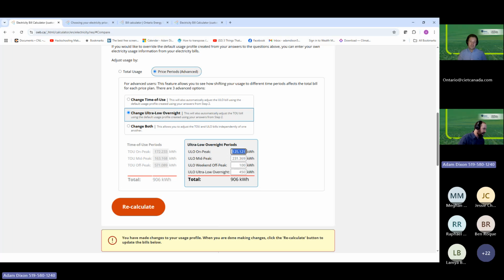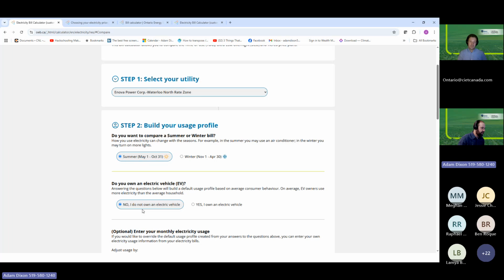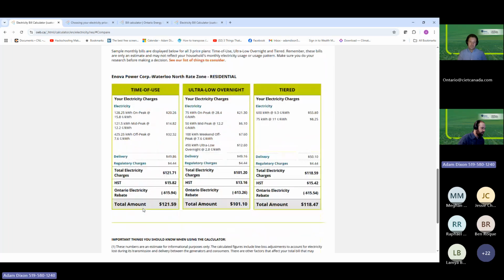So this is not going to match my 600, but I'm just going to simulate on peak, maybe I use 75, then mid peak, about 50 kilowatt hours there. So I can then go in there and see how this would affect my bill. Going with that ultra low rate, I could save about $20 a month on my electricity bill.